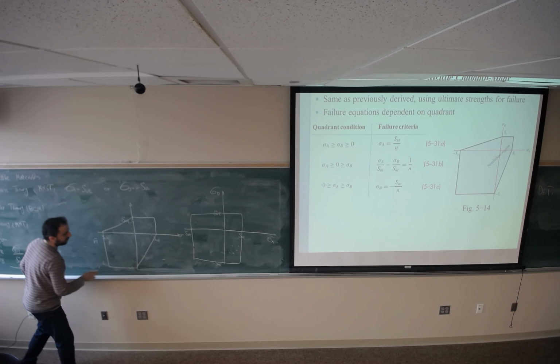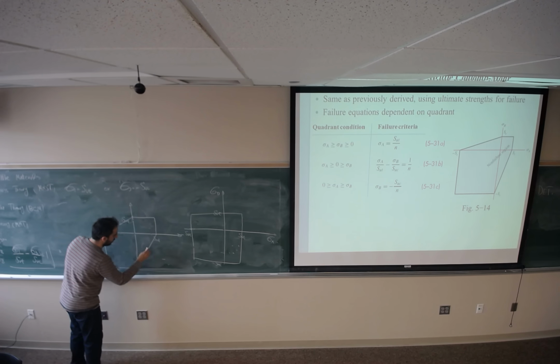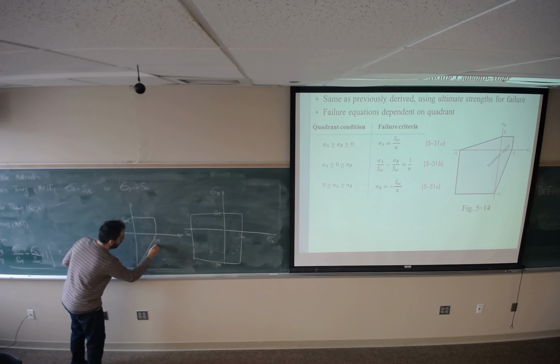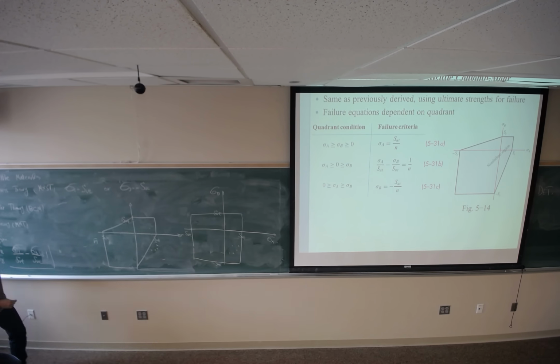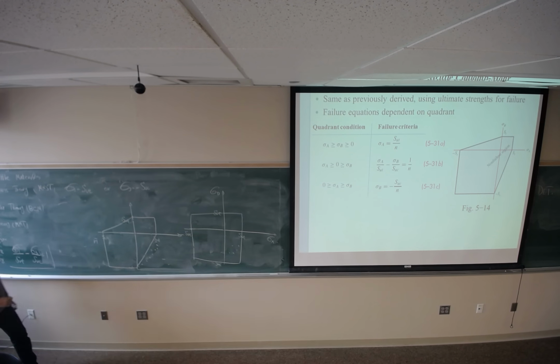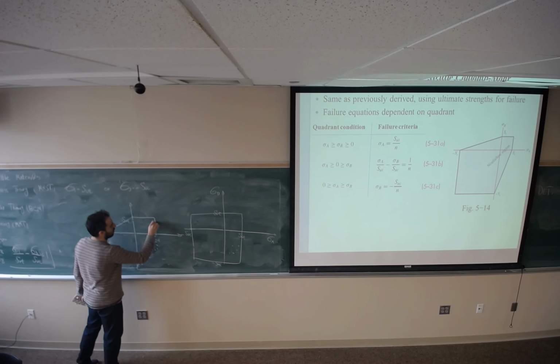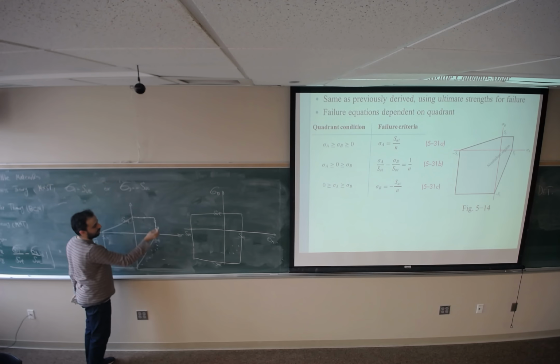So for brittle material, if we apply the experimental data for the failure, we can find some points. If we apply different tests, we will get different points and the failure occurs at this point. On the first quadrant, we can see we have a great fit between theory and the experimental result.